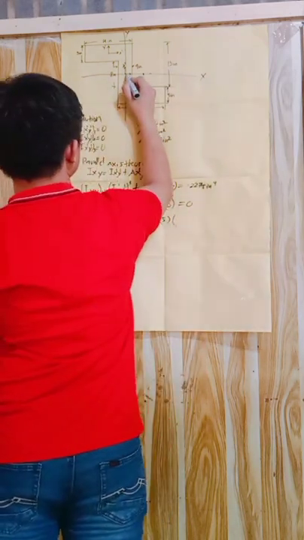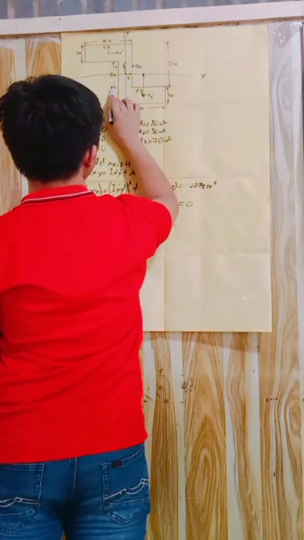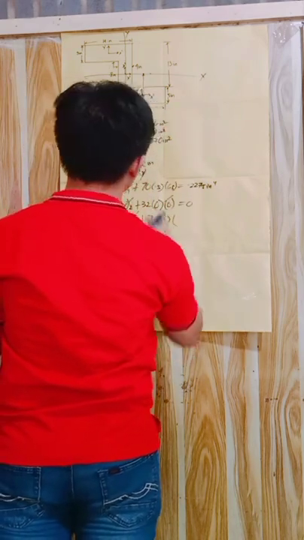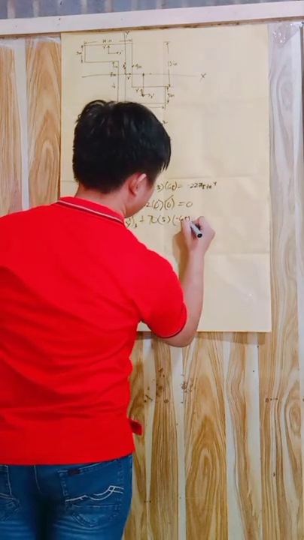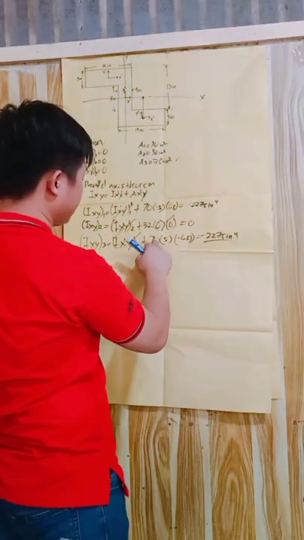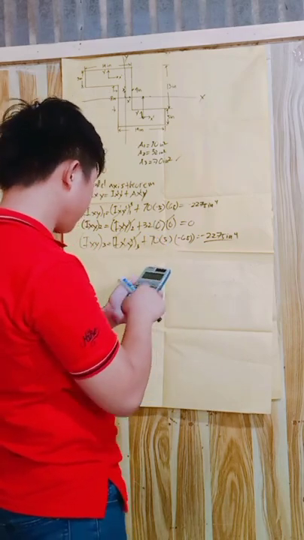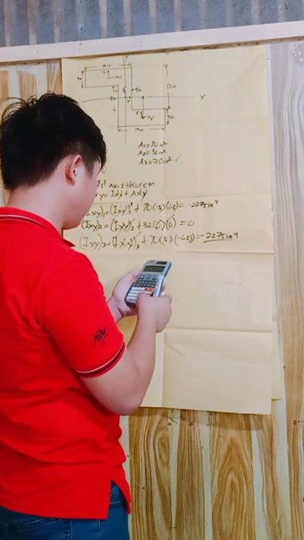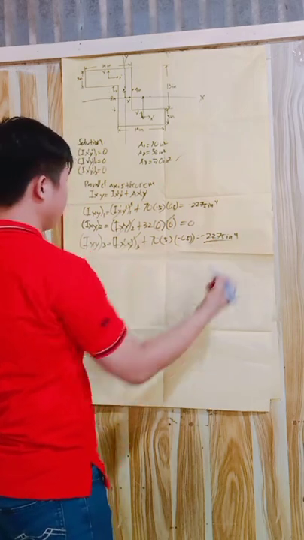And then the distance of this to this of y. So 4 plus 2.5, so 6.5, and it is on the negative y-axis. So when you solve it, 70 times 5 times negative 6.5 is equal to negative 2275.